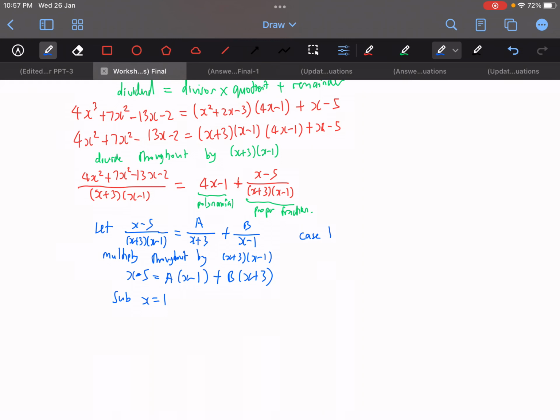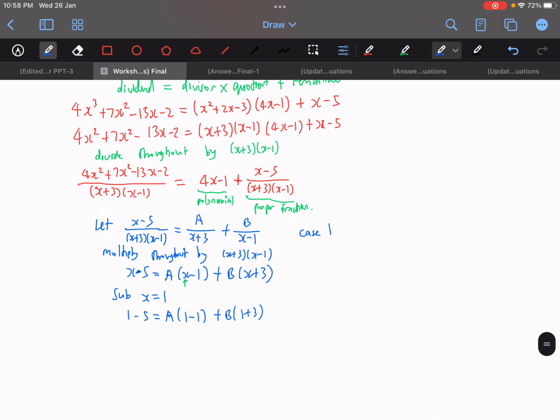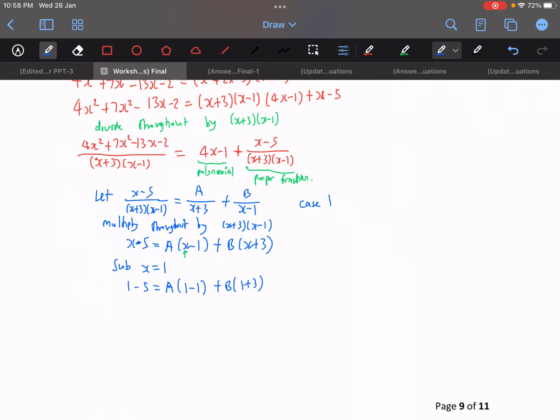Because when we sub it in, the entire thing becomes 0. So 1 minus 5 equals a times 1 minus 1 plus b times 1 plus 3. So we will have 1 minus 5 is negative 4 equals 4b.